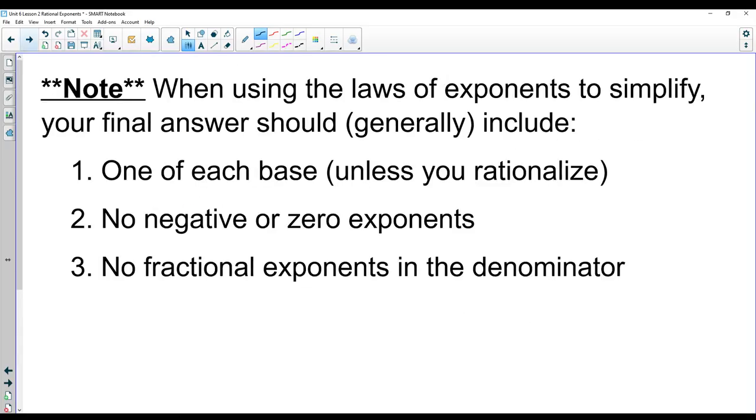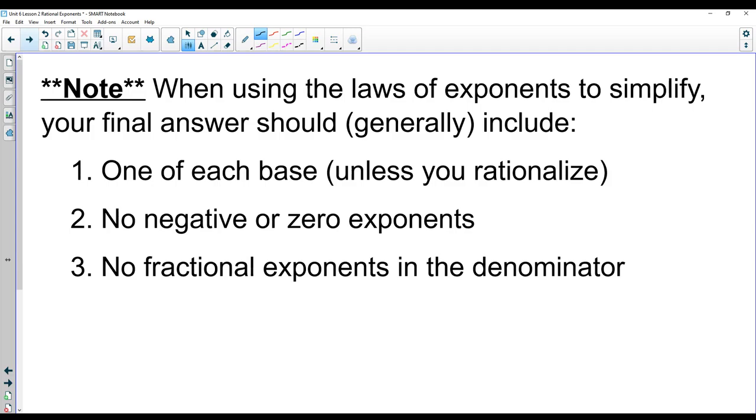We need to make sure that we have one of each base at the end of it all. This does not apply if you are rationalizing, and I will do an example that requires us to rationalize. So we want to have one of each base unless rationalizing happens. We want to have no negative or zero exponents, and no fractional exponents in the denominator.